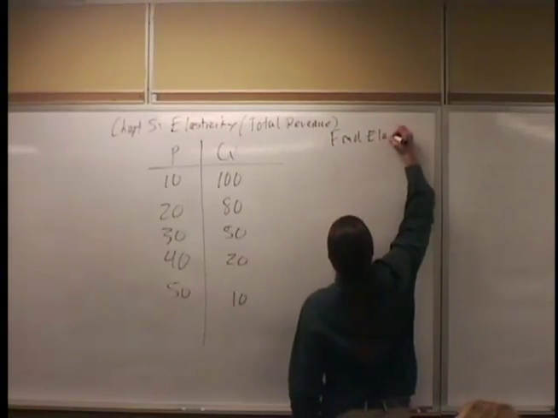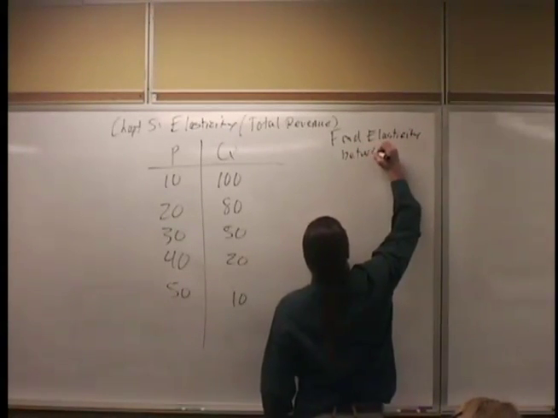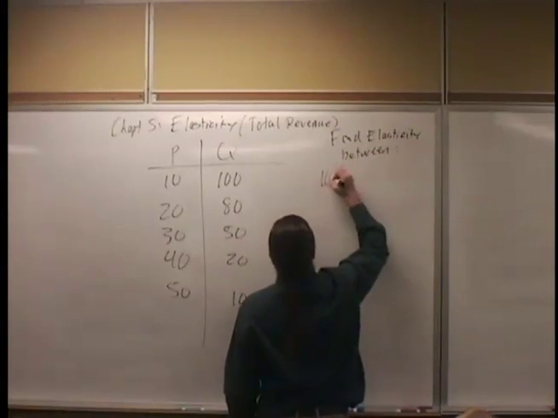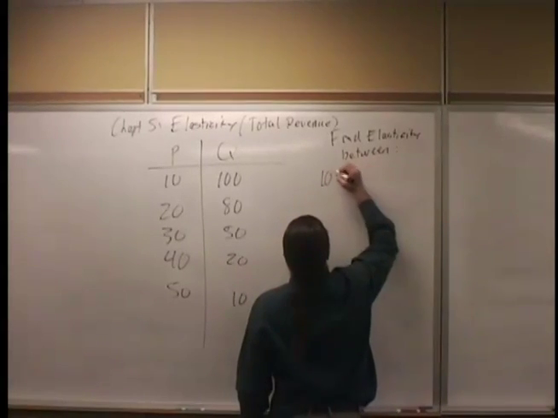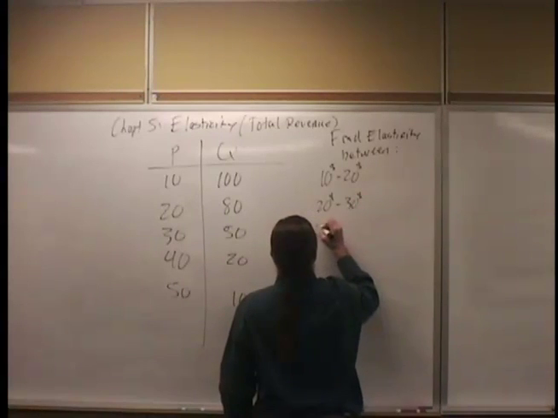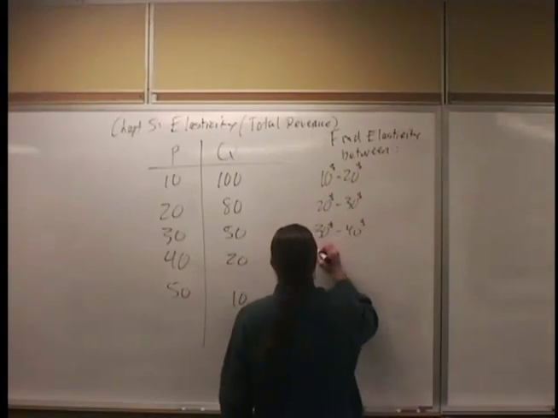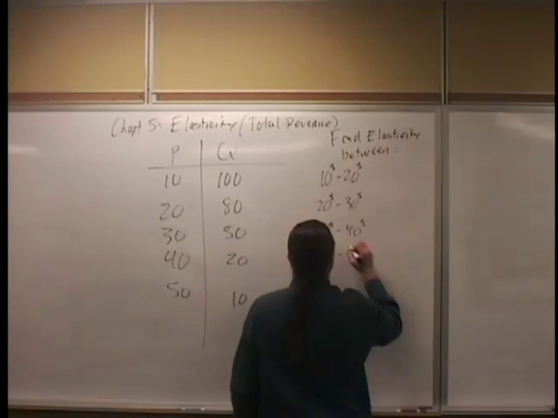So find elasticity between $10 and $20, $20 and $30, $30 and $40, and $40 and $50.